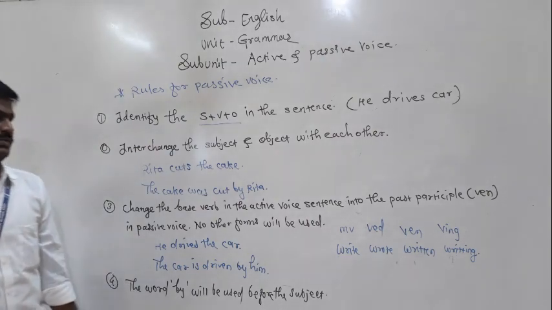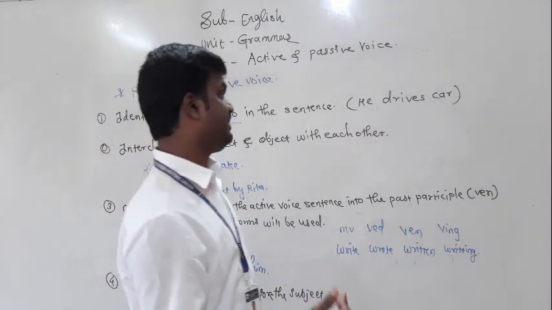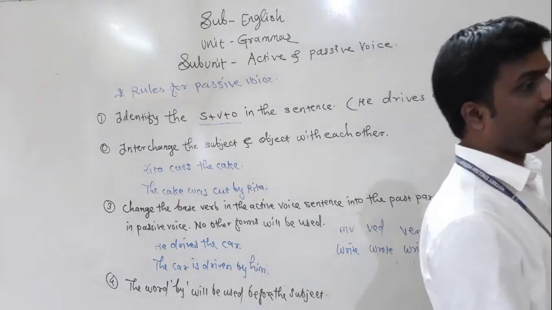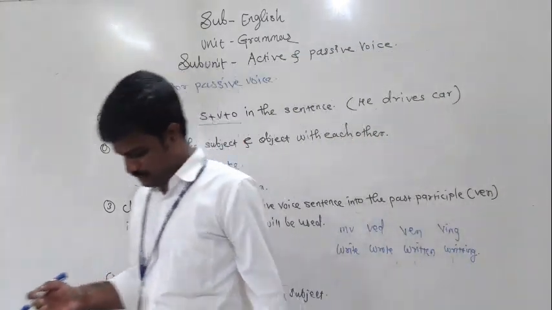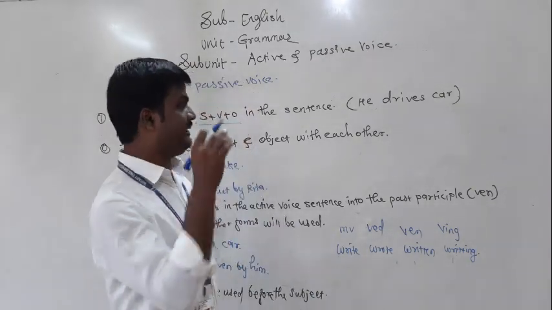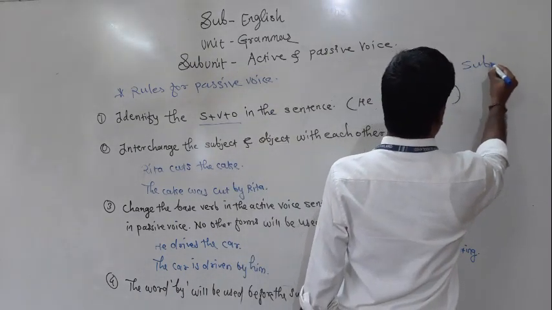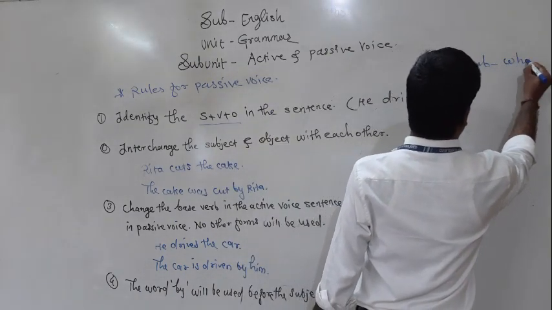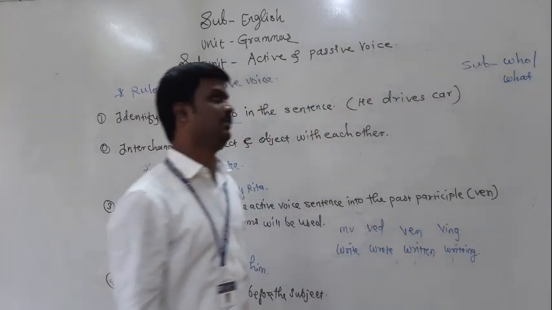It is a very important one. You have to identify subject, verb and object from the statement. Friends, whenever I taught you tenses, and before that also, I discussed many times, the subject of the sentence we get by asking the question who or what to the verb.